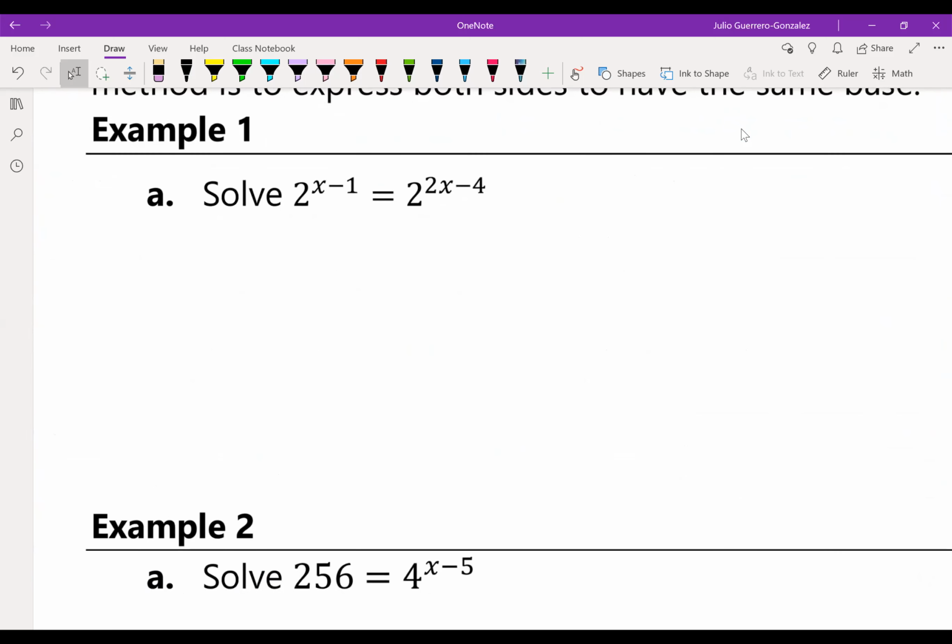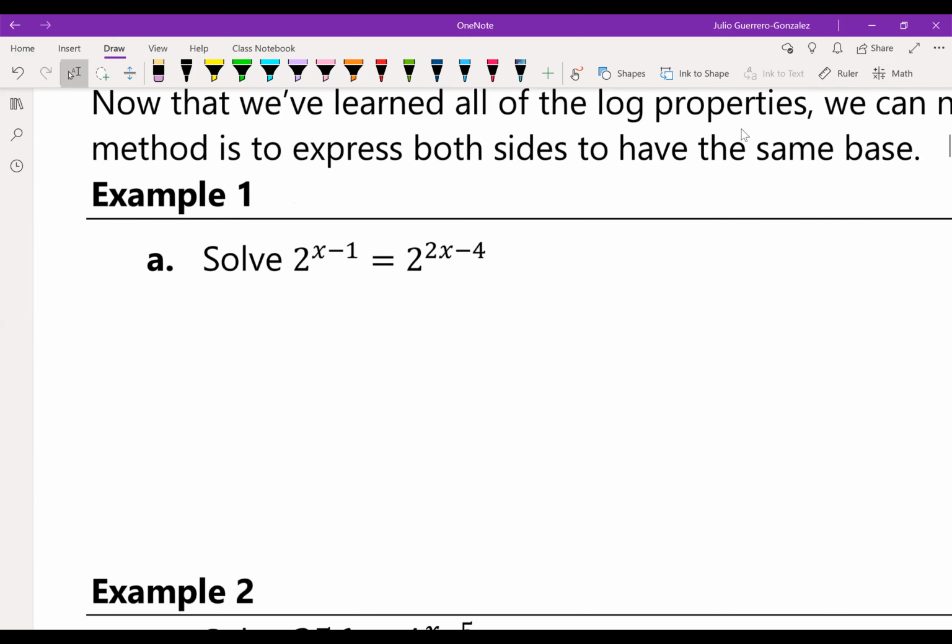So the real rule here is basically once you have similar bases, then you can automatically say that the exponents are the same, right? So that's exactly what's going to happen here. Notice that both of these bases are exactly the same.